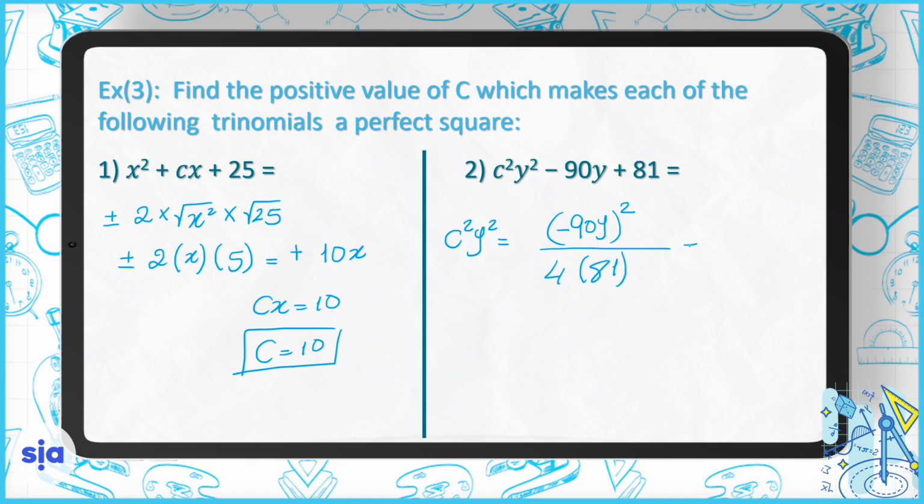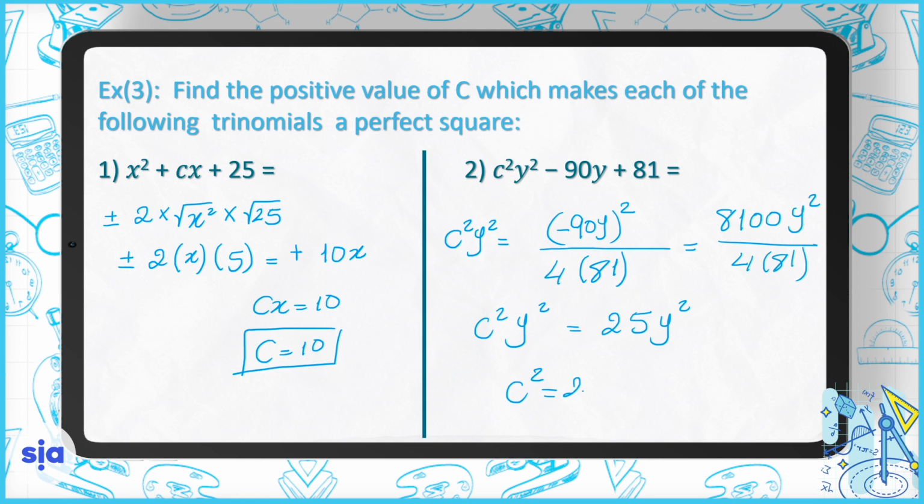If you do your calculations, it's 8100y squared divided by 4 times 81, which is 25y squared. So c squared y squared is 25y squared. So c squared is 25, so c, as it's positive, is 5.